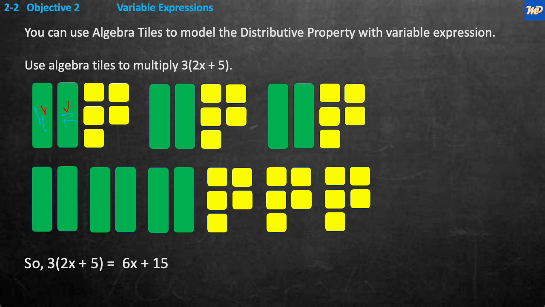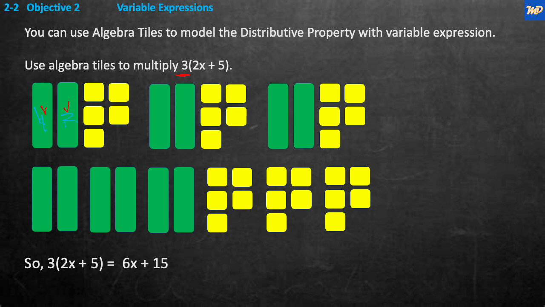And they want it 3 times. So here it is. Here's the first one. Here's 2 x's and 5 units. Here's 2 x's plus 5. Okay? And they want us to regroup them. So it says regroup so that 3 times the quantity 2x plus 5 is going to be equal to, and they're showing you, 6x plus 15.